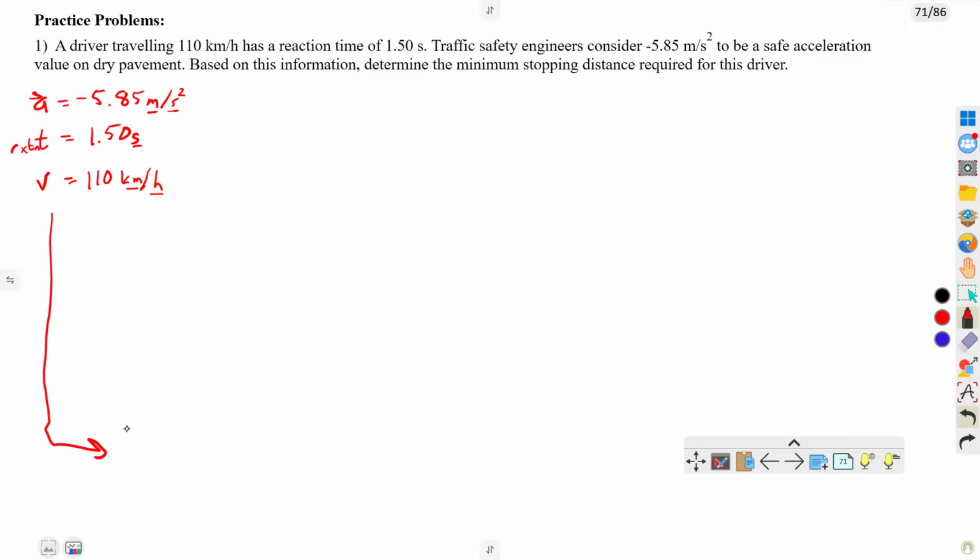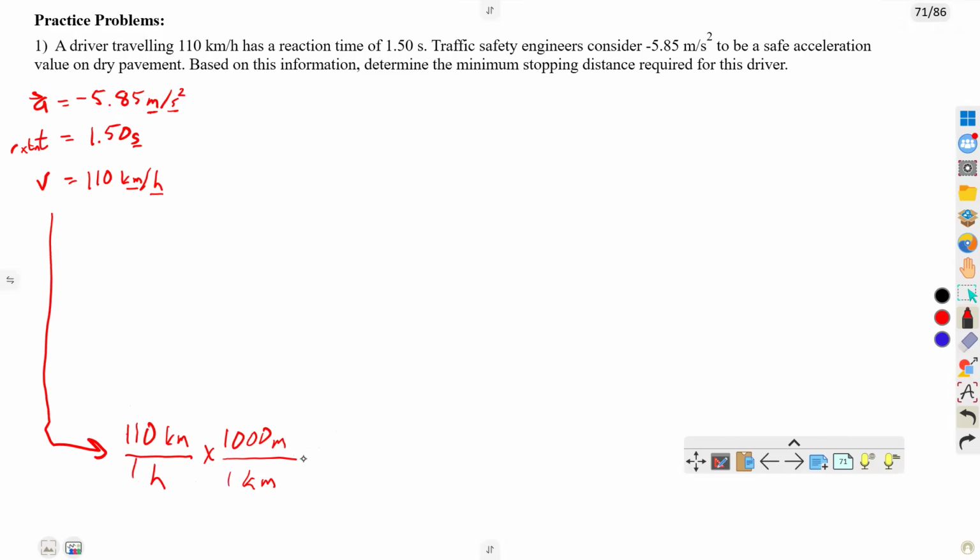So, 110 kilometers per hour. We're going to multiply that. Let's get rid of the kilometers. It's 1,000 meters per kilometer. Just put that these are 1 hour, 1 kilometer.